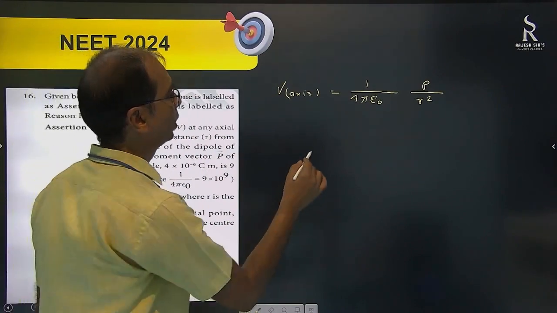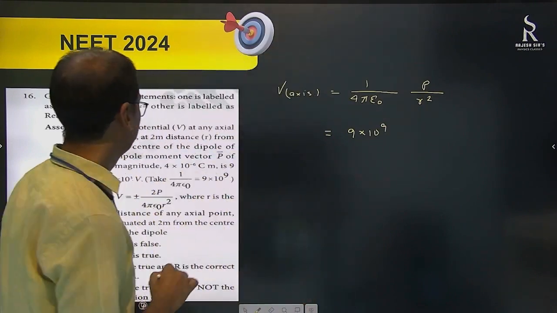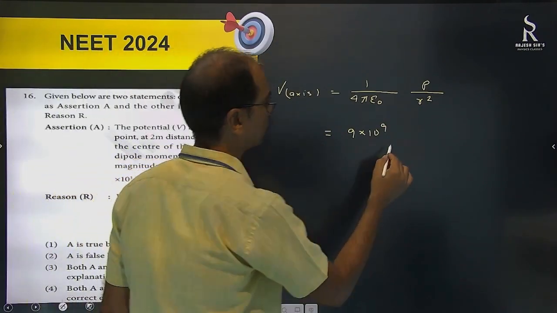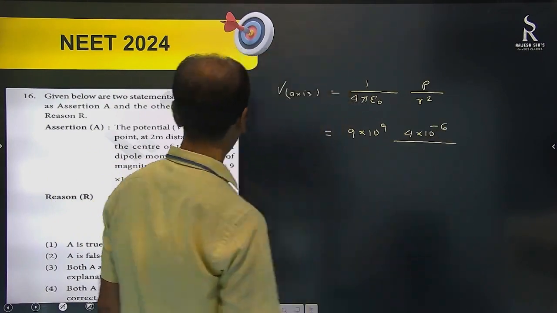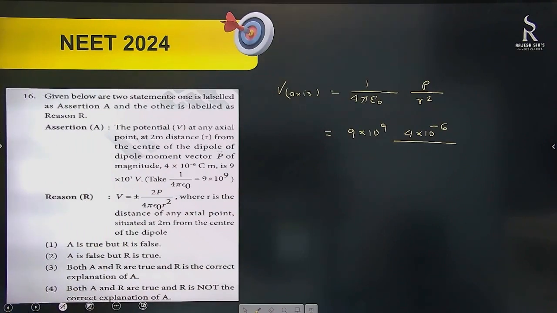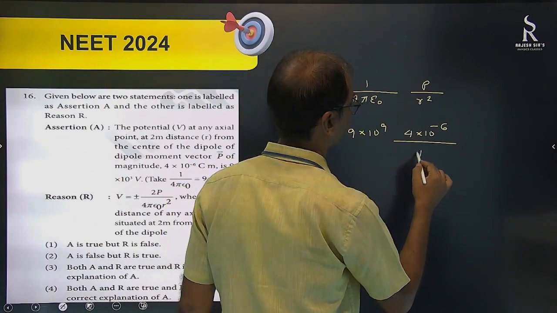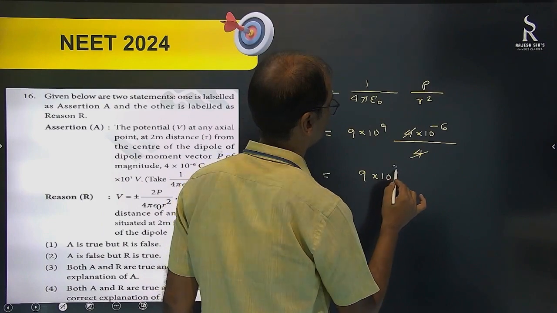So this is 9 into 10 to the power 9, P value 4 into 10 to the power minus 6, by r square. How much is r given? 2 meters. So 2 meter means 2 square means 4. So what are we getting? We are getting 9 into 10 to the power 3 volt.